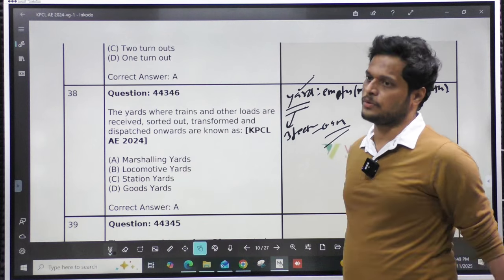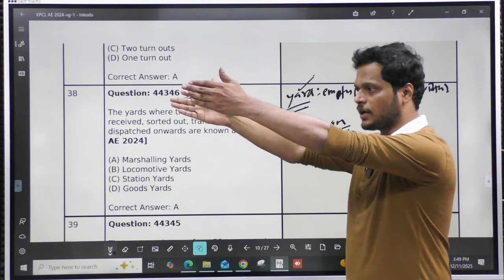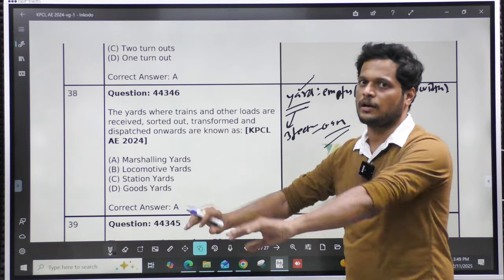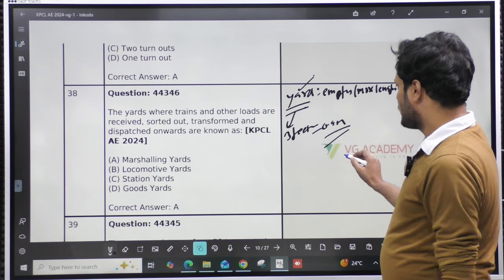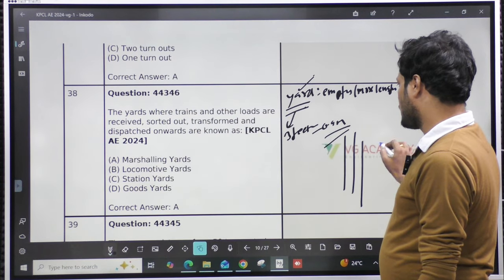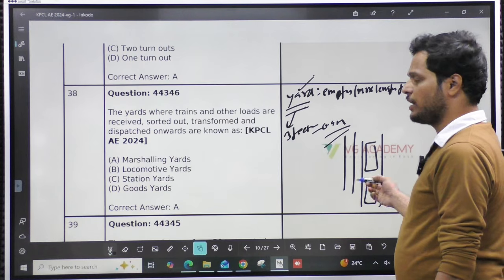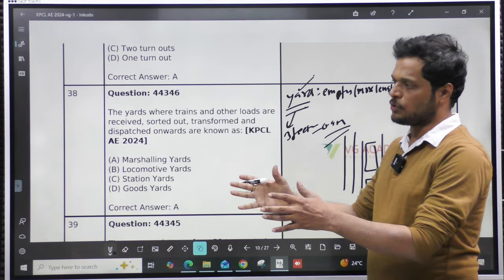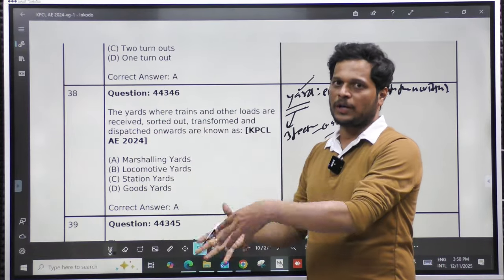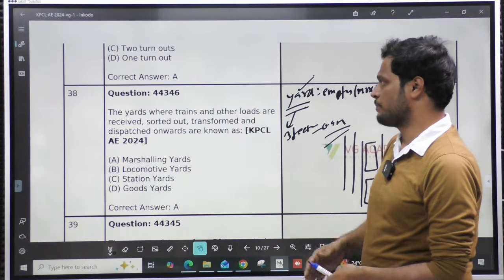We have courtyard: in our house, if there is a length-dominating place in front, we generally call it a courtyard. Similarly in railways, between the tracks there will be a lot of place where we place the trains and wagons for rearranging and switching. When we enter the railway station we see so many tracks and wagons placed on the sides, just for shifting.